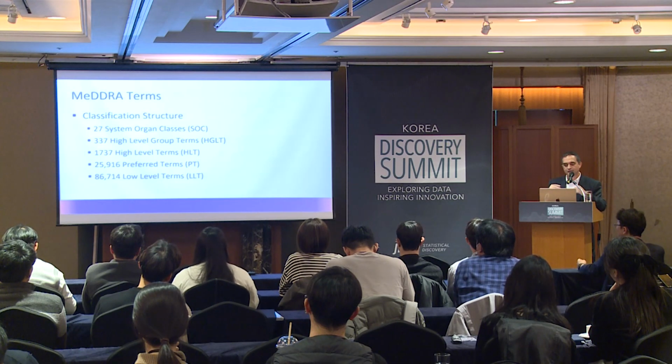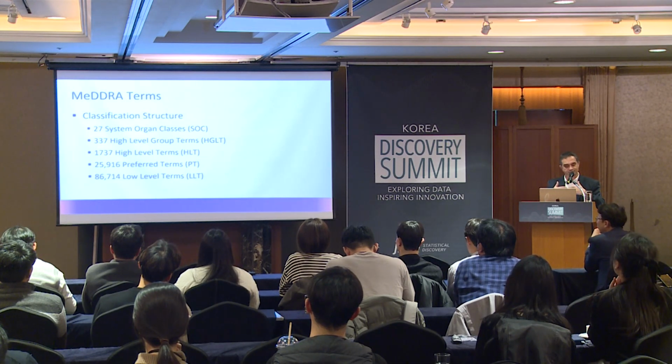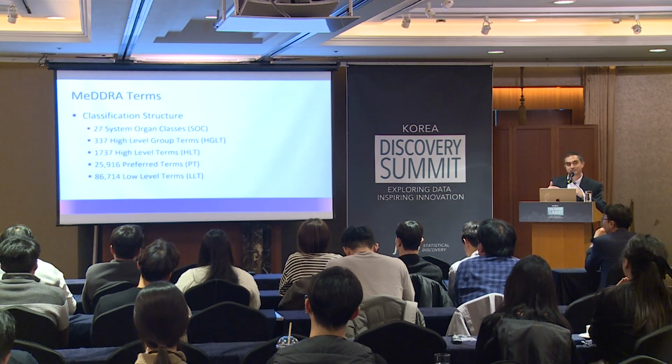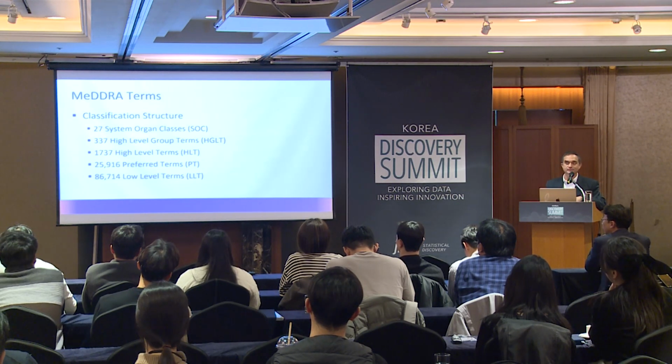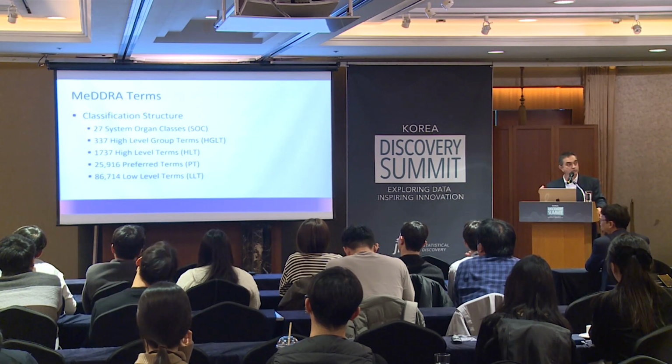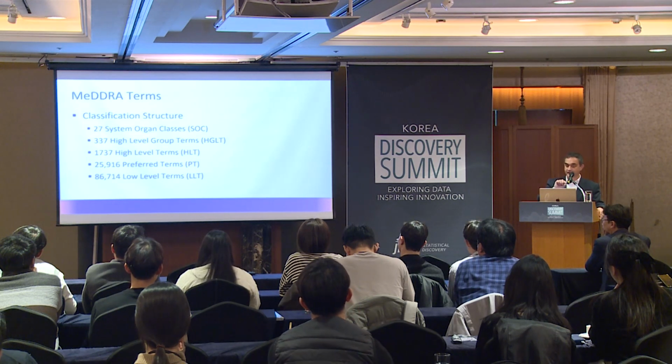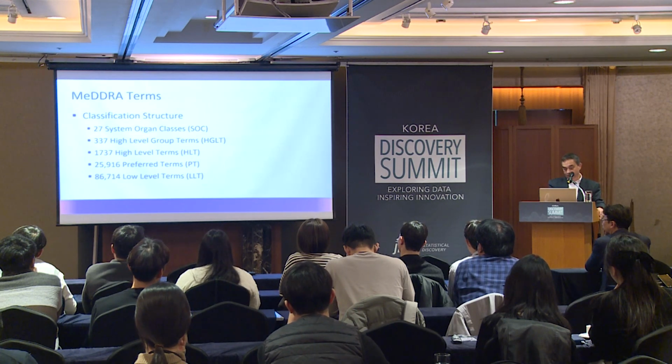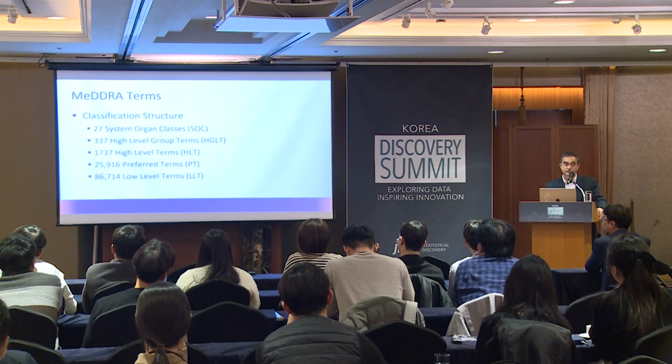And then below that, you have high-level group terms, and then you have high-level terms, then you have preferred terms, and then you have low-level terms. Okay? And every time an adverse event happens to an individual in a clinical trial, they are classified according to this, and they'll have this classification with all of those levels documented.